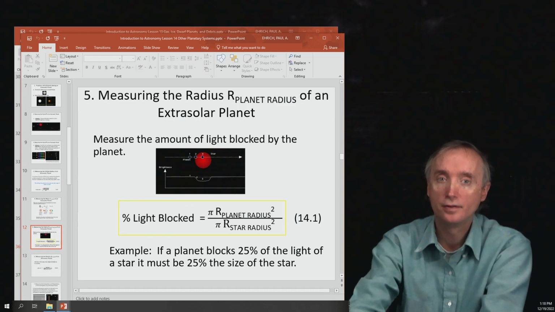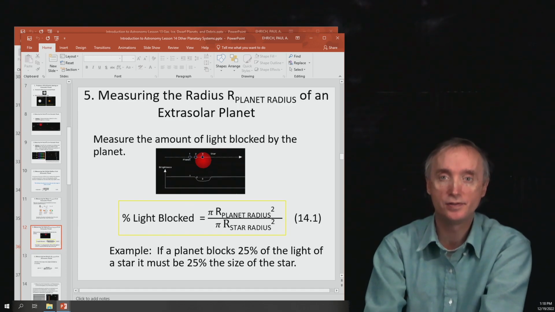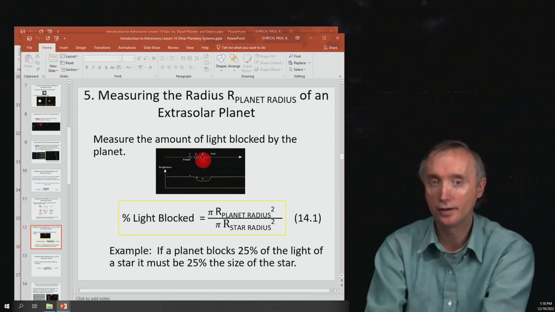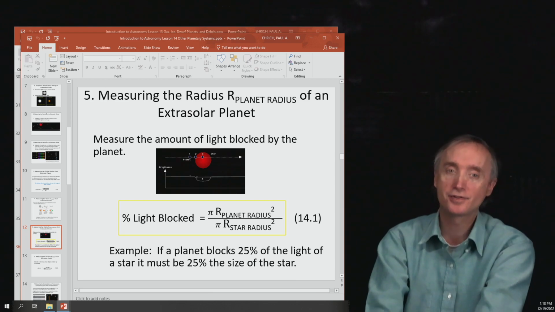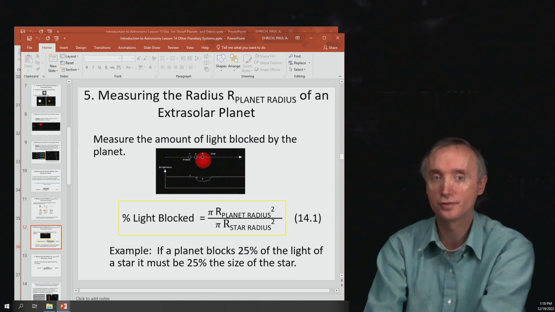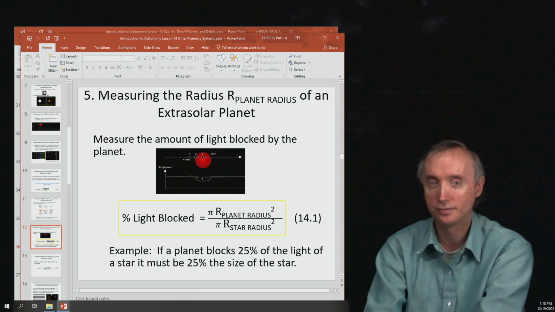Okay, then this one is pretty easy. How do you measure the radius of the planet? It's going to be the percent of the light that is blocked whenever that planet goes in front of its star. Let's say, just for the sake of argument, that it blocks 100% of the light given off by that star.